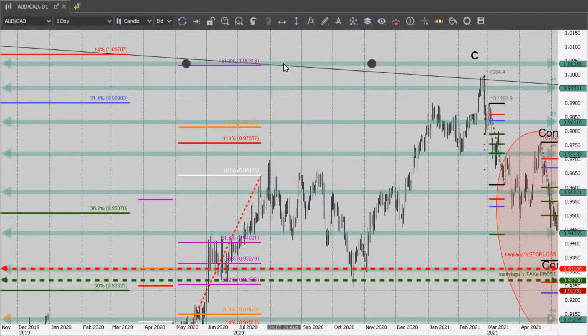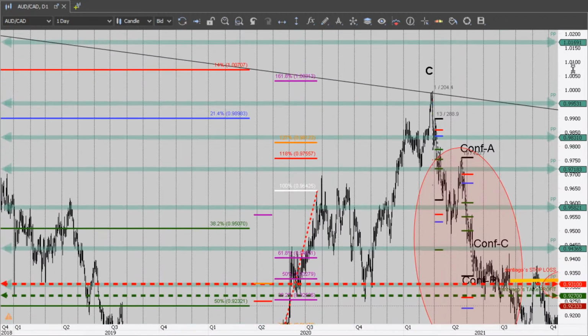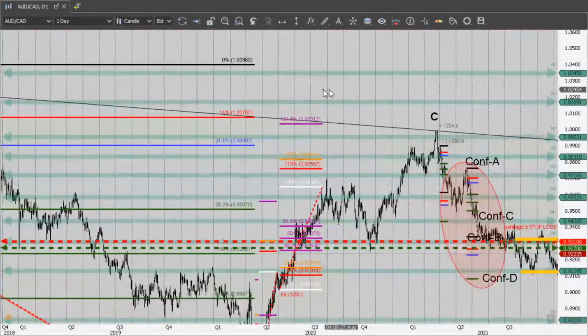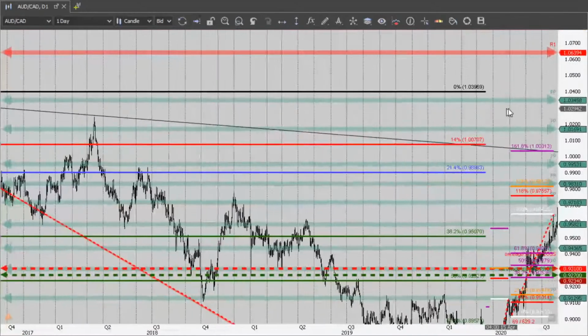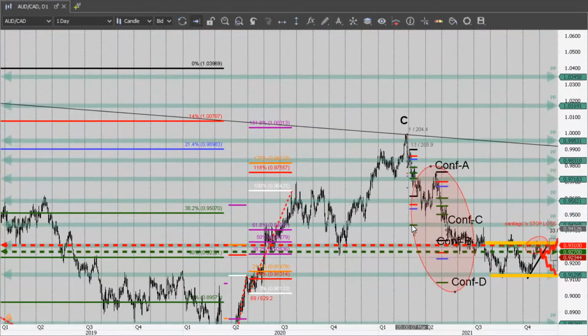Didn't hit, right? Didn't hit, okay. Do we have a confirmed Fibonacci from the daily chart, everybody? This is the C. Do we have a confirmed C from the daily?